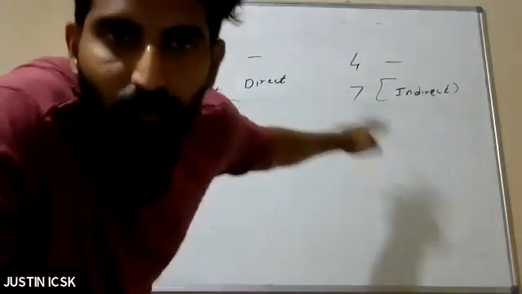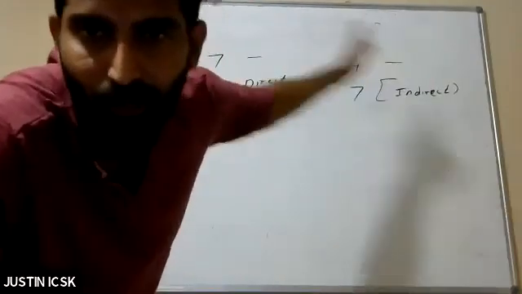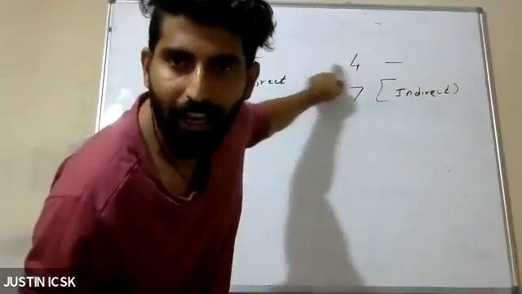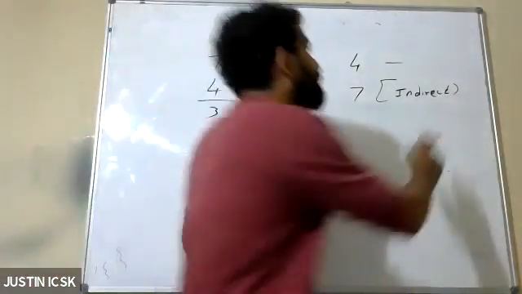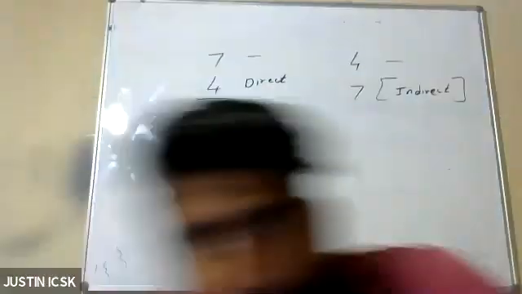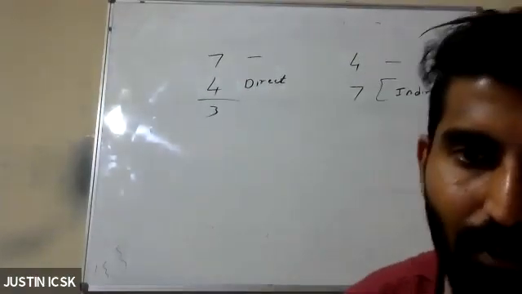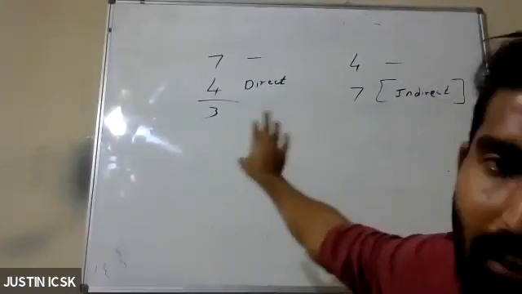In the indirect case, what we are doing is carrying: because this number is small, we take a carry from the other side. For that method, I'm saying indirect. What I am going to avoid is that carrying. Everyone knows subtraction and you are doing it fast, no problem. I'm just teaching a different method.